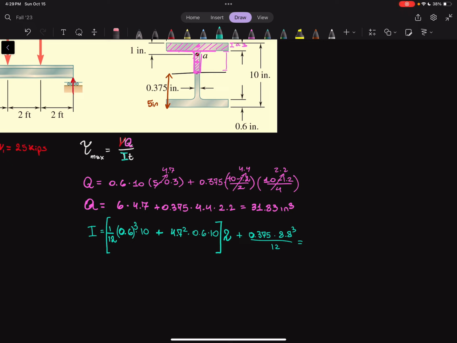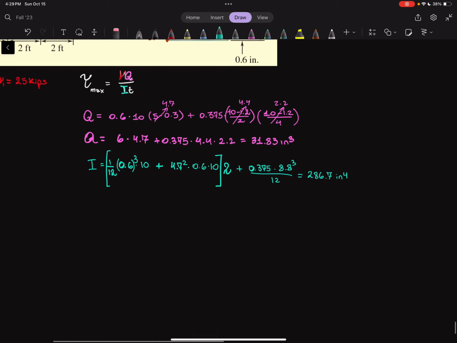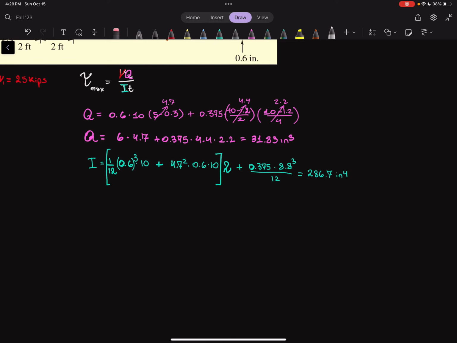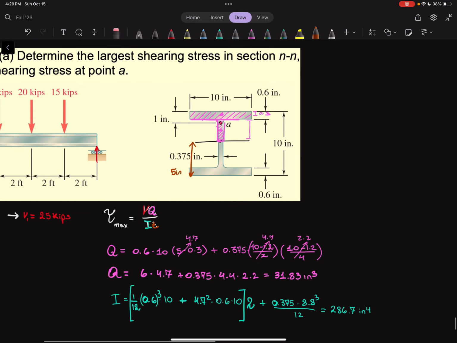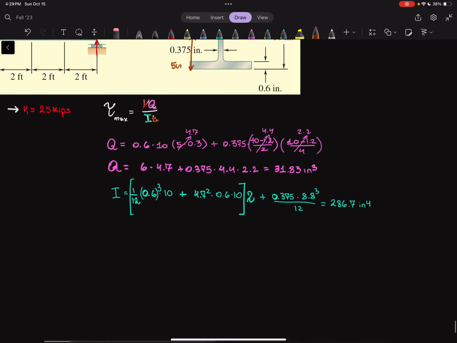What I get is 286.7 inches to the fourth. And now, what's our thickness t? Our thickness at the center is going to be 0.375 inches.